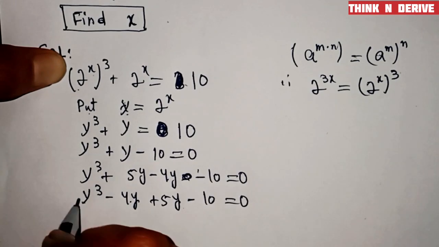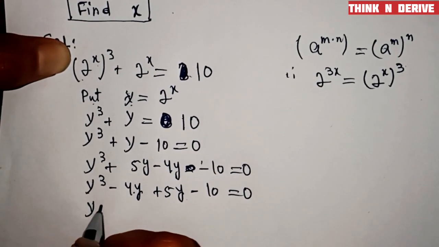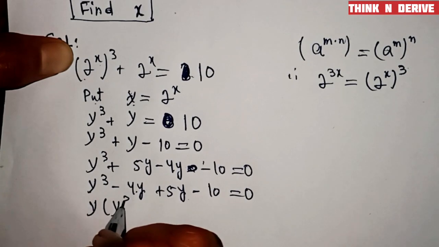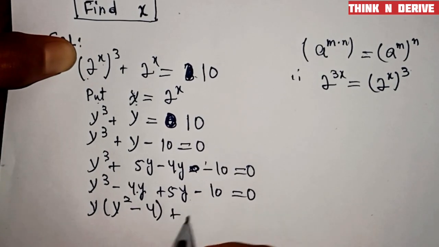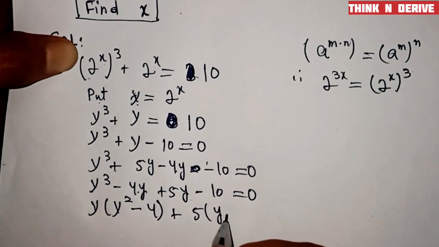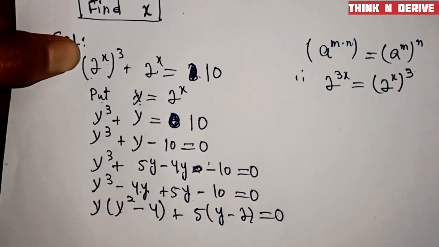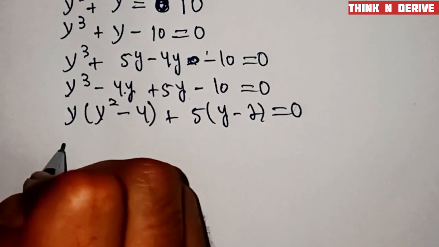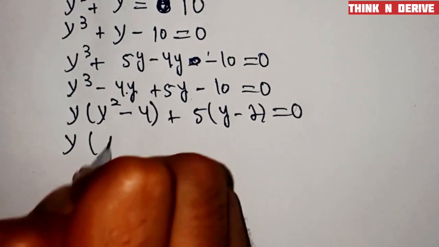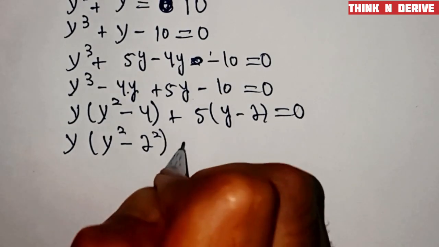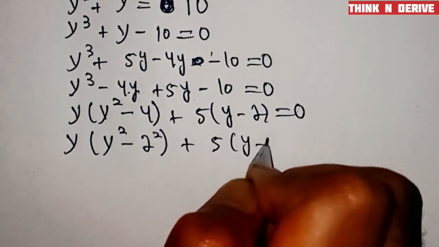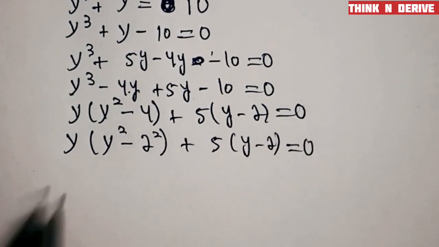Now in these two terms, y will be taken as common. Here remains y square minus 4, and plus we'll take 5 common, so we get y minus 2 equals 0. Now y square minus 4 can be written as y square minus 2 square, plus 5(y minus 2) equals 0.